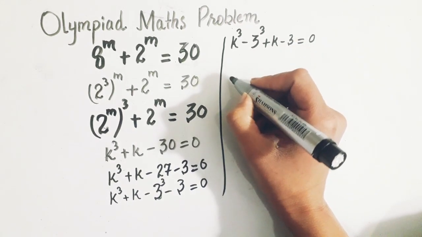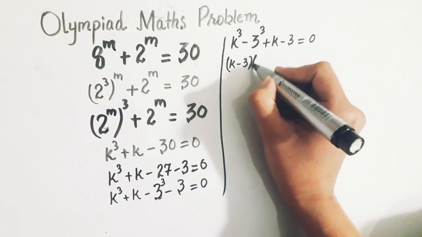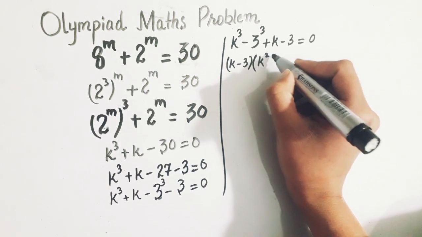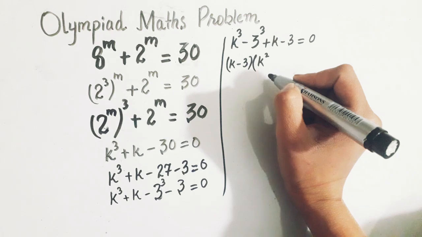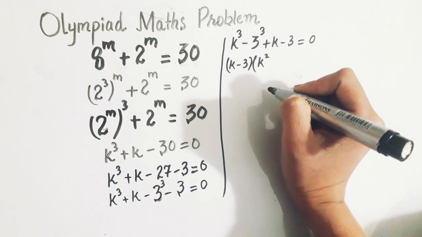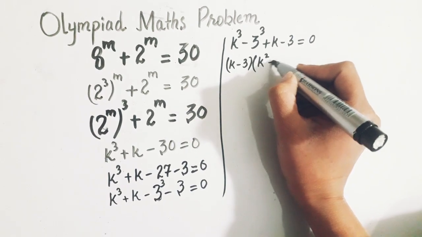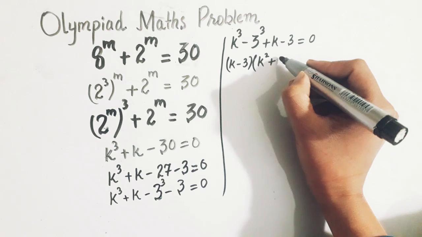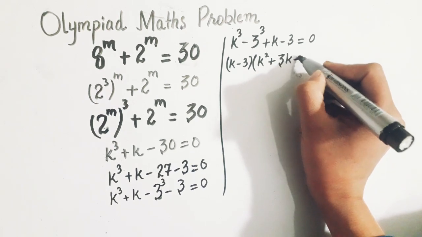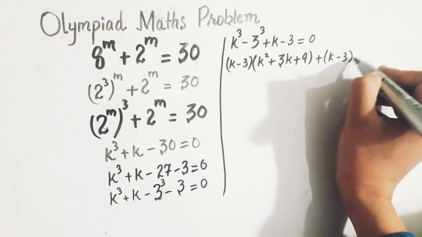Now this becomes k minus 3 into k square plus 3k plus 9, because we apply the formula, plus k minus 3 equals 0.